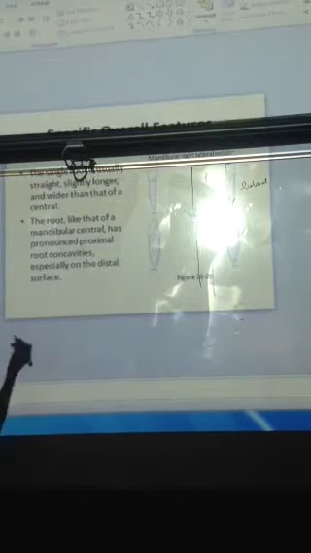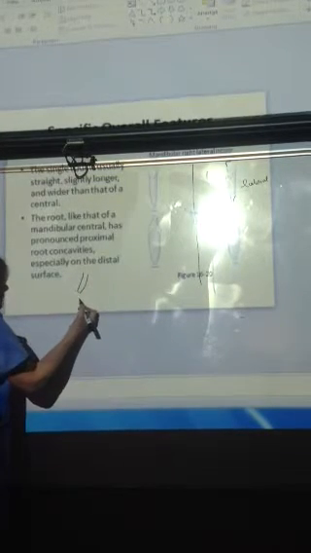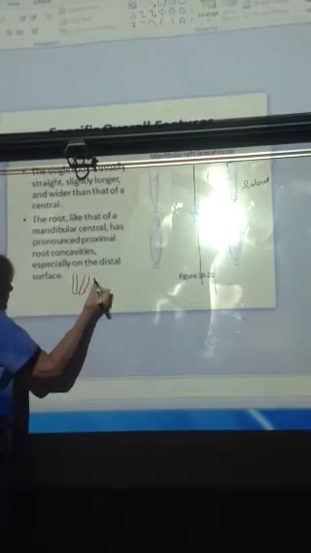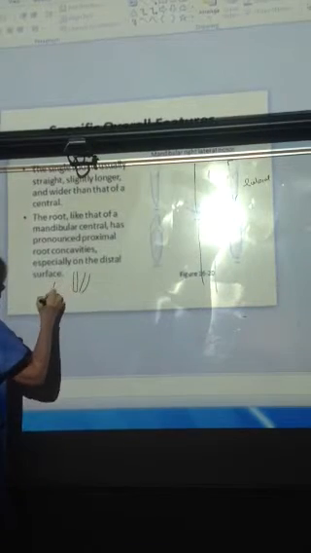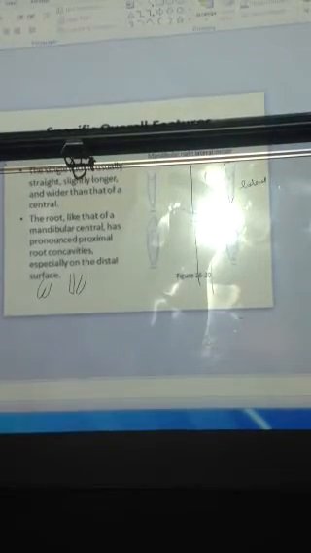What are the posterior teeth then? On the mandible, they have a distal root inclination. We'll look at the root, like the mesial buccal roots kind of go like that on the mandibular molars. And on the third molar, the whole thing pretty much has that distal inclination.